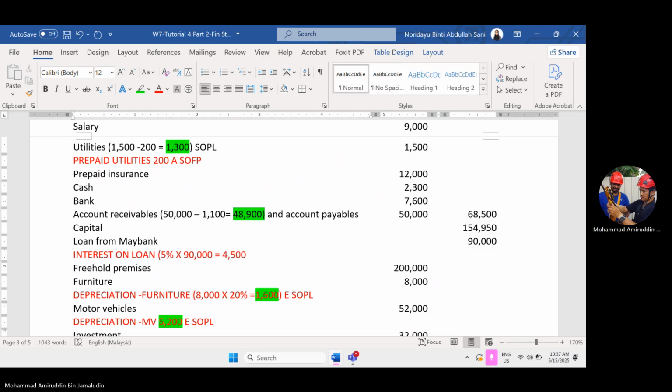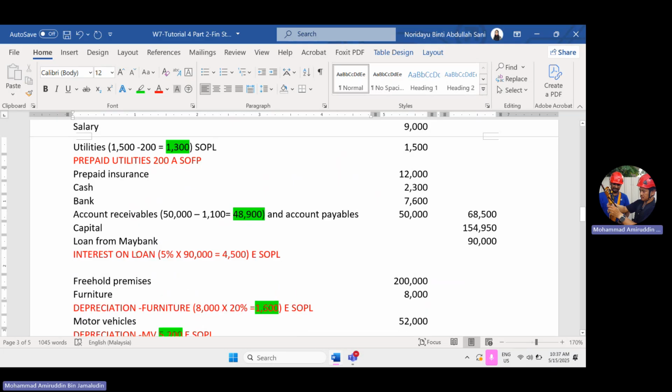Is it correct? Okay, 4,500. So this is your expenses. Go to SOPL. And then not yet paid, right? So we have accrued interest loan. What is this? Liability, current liability. Okay, accrued interest loan 4,500.